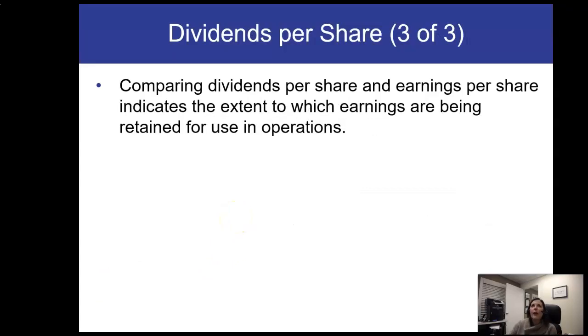So often there may be a comparison made between dividends per share and earnings per share. And the earnings per share is, again, what we have earned per share of common stock outstanding. The dividends are based on what we've actually paid out to our common shareholders. The difference being what we didn't pay out is what stays with the company.